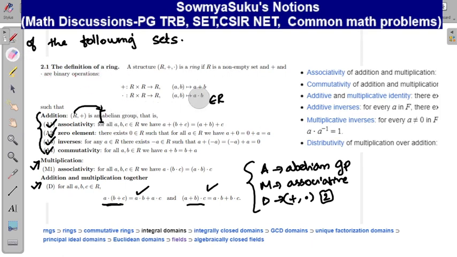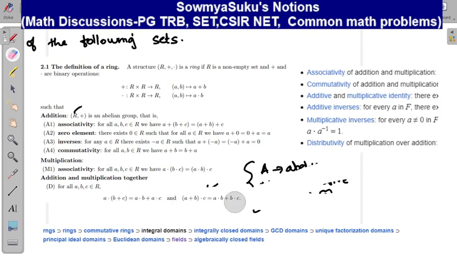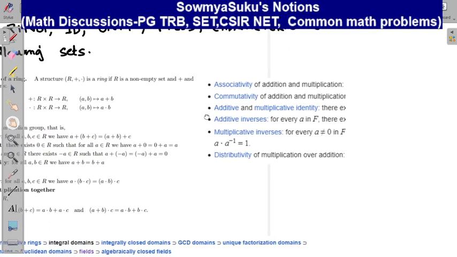So let's see how to find the field. For that, you can see the definition of field, or the conditions of field. Associative for addition and multiplication: you have to take it for addition as well as multiplication.